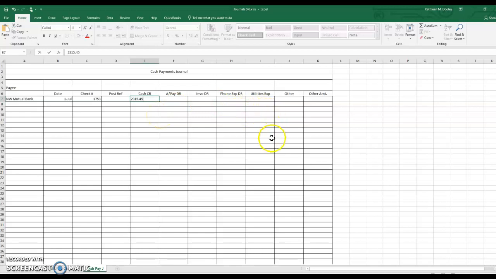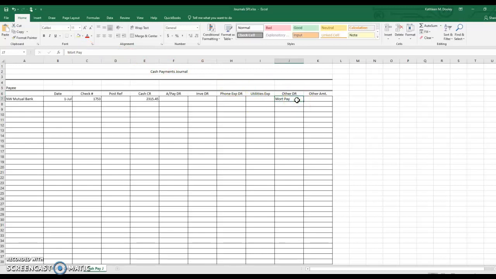Okay. Now we were told to debit mortgage payable. I can put a separate column for that, or I can use this. So mortgage payable, and we're going to debit that. Actually, you don't have to say the debit part. Technically, up here in the other column, we should say other debit.